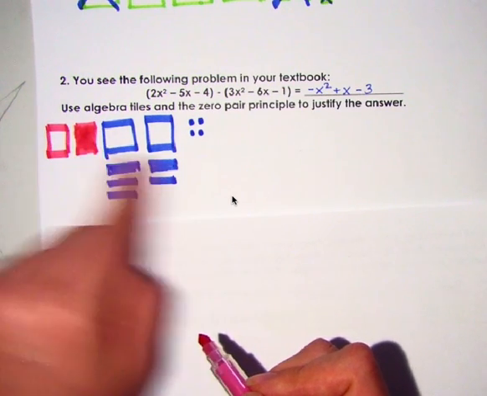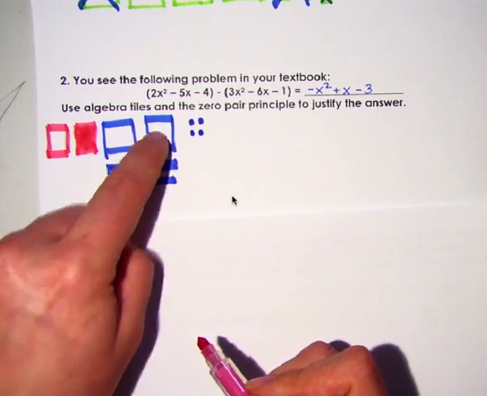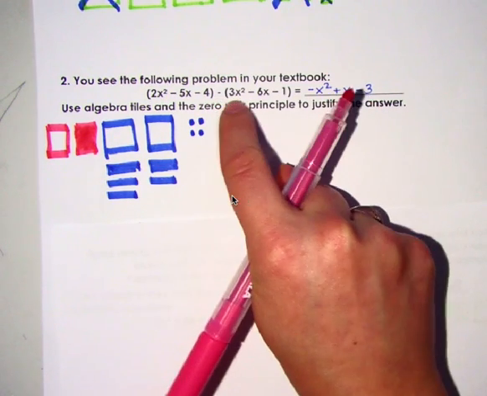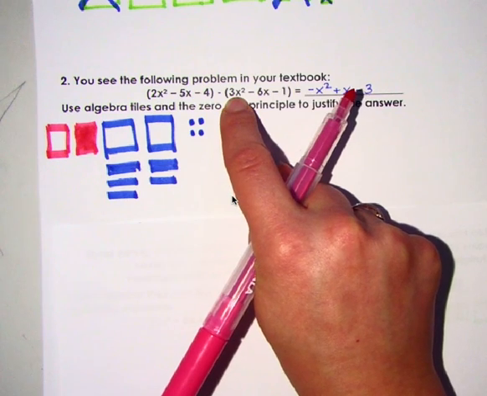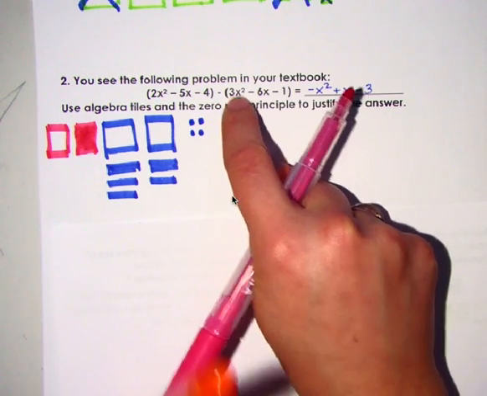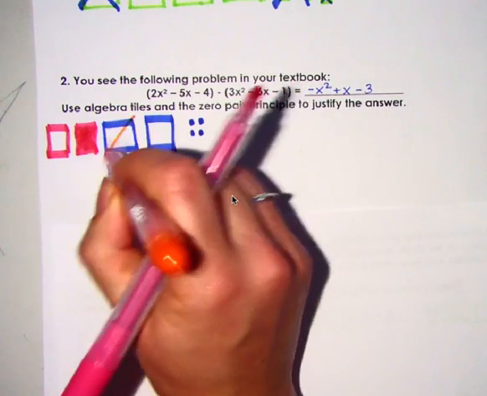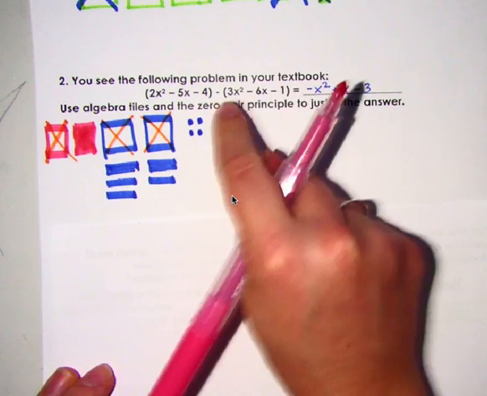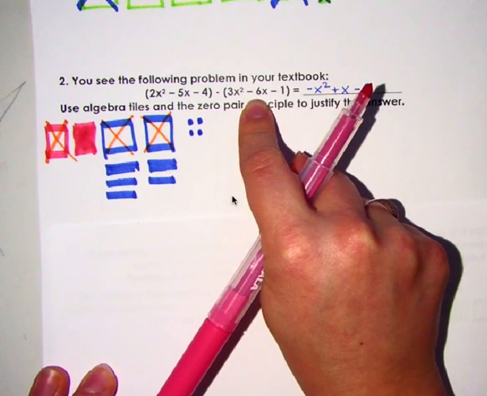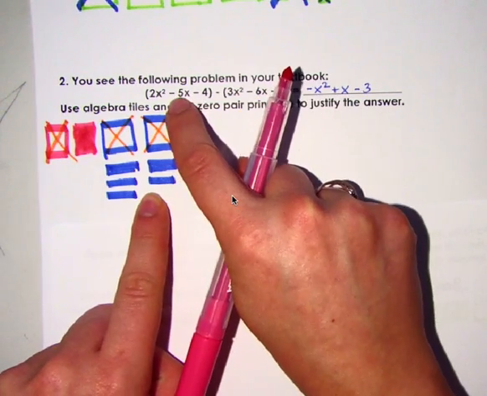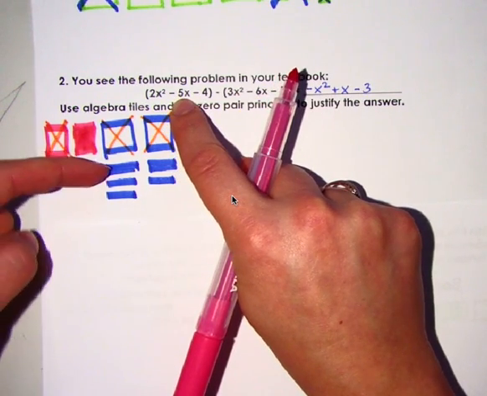So you're not actually changing the value of this 2x squared here, but you are making it so that you have 3 positive x squares to take away from the problem. All right, so we're going to cross out 3 positive x squares. 1, 2, and 3. All right, now you have to take away 6 negative x's, and when you look over here on your paper, you actually only have 5 negative x's to begin with.